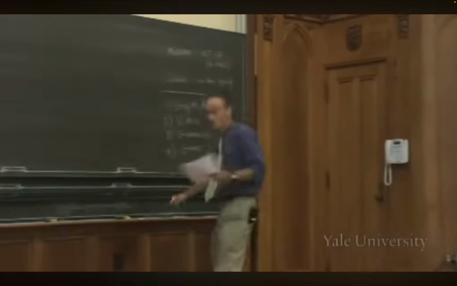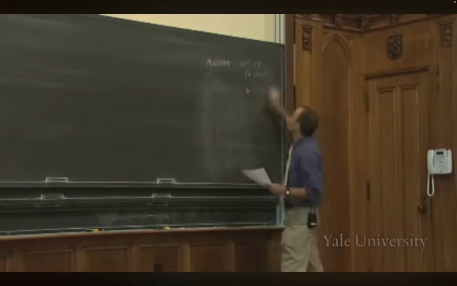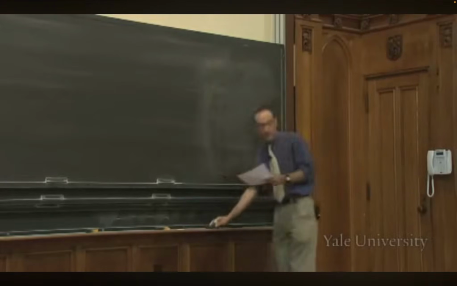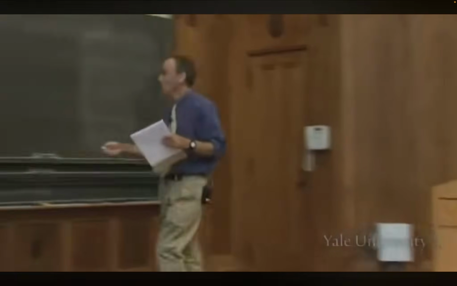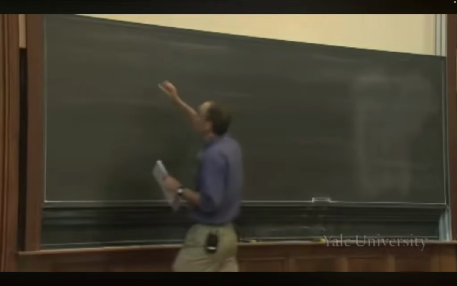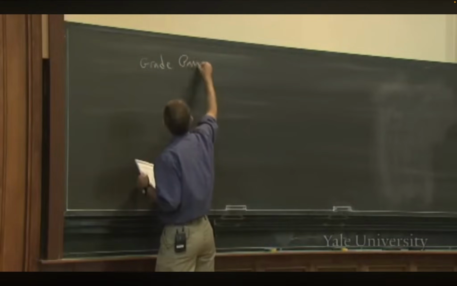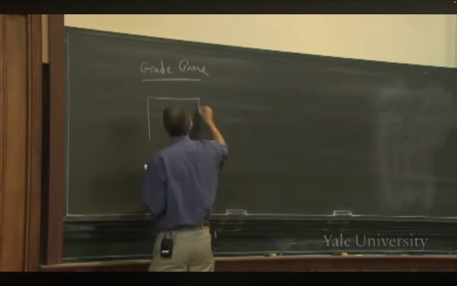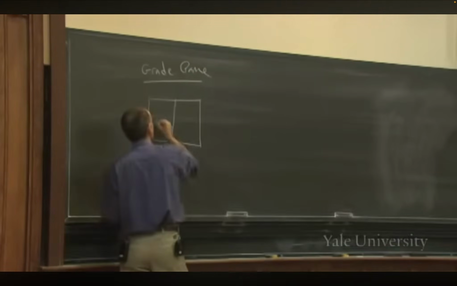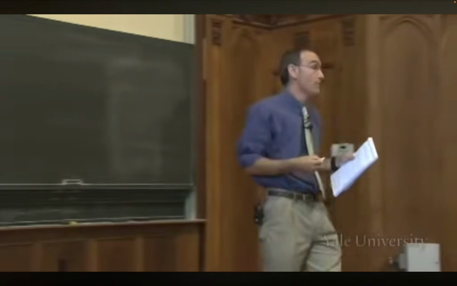Now, before we talk about this, let's just collect this information in a more useful way. So I'm going to remove this for now. All right, we'll discuss this in a second. But why don't we actually record what the game is that we're playing first? So this is our grade game, and what I'm going to do, since it's kind of hard to absorb all the information just by reading a paragraph of text, I'm going to make a table to record the information.